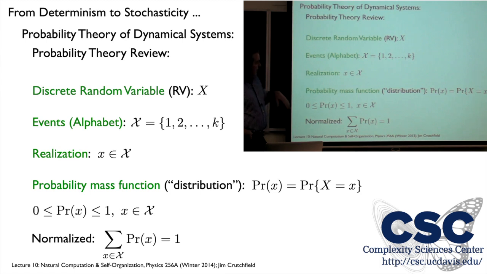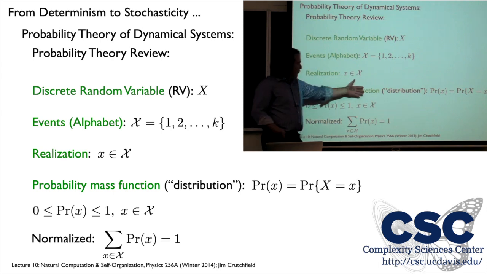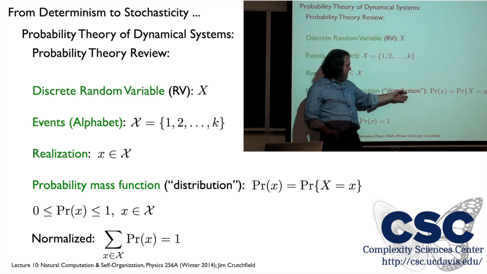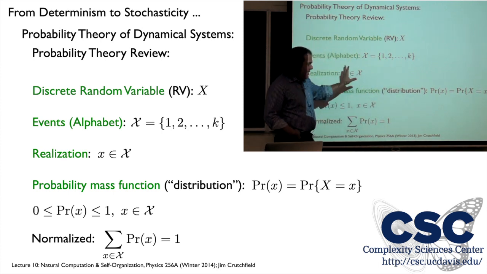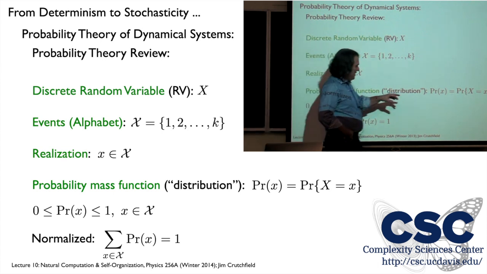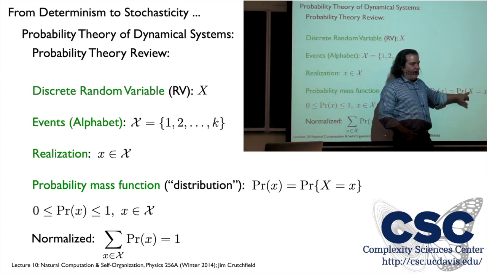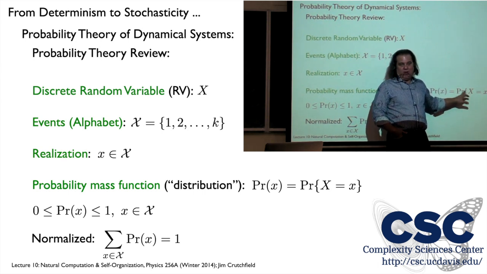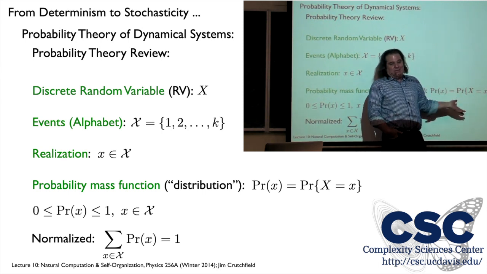Now, okay, so that's just the variables we're looking at. We've chosen these observables. Now, how are we going to describe the probabilistic aspect? Well, for discrete random variables, there's just one object called the probability mass function. Sometimes we'll use the word distribution. In the discrete case, that's not a confusion. What we mean here is that when the random variable takes on a particular realization, there's a number associated with that called its probability, the likelihood that this thing occurred.